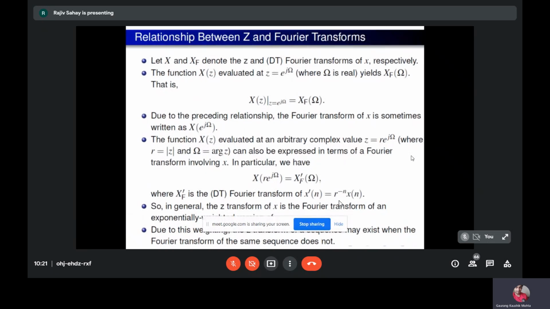So if you are evaluating the DTFT of x of n, this is how we connect the Z transform and the DTFT.